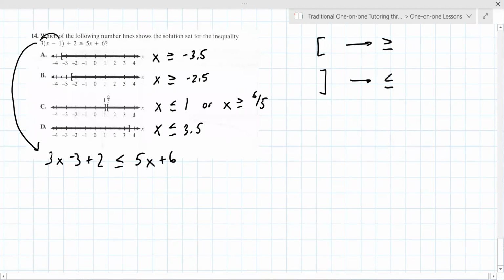Okay, I got x is greater than or equal to negative 3.5. All right, looks good.